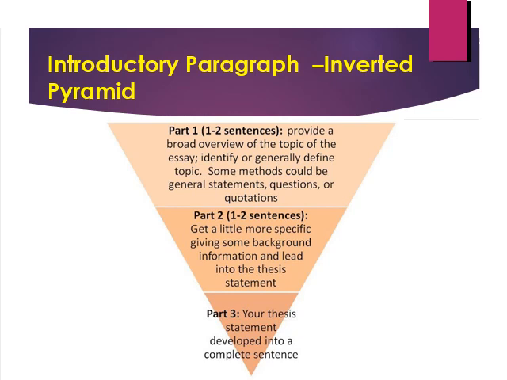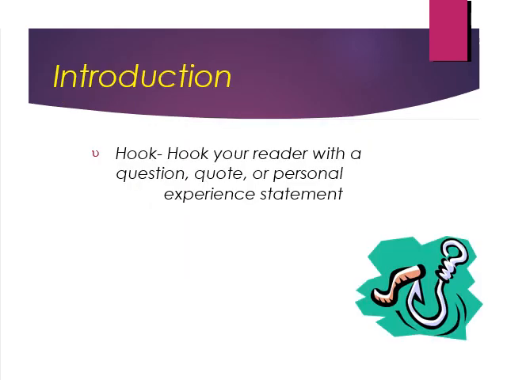This is the way an experienced writer writes his paragraph. He uses the inverted pyramid. Let's start with the introduction. The hook. Hook your reader with a question, quote, or personal experience statement.